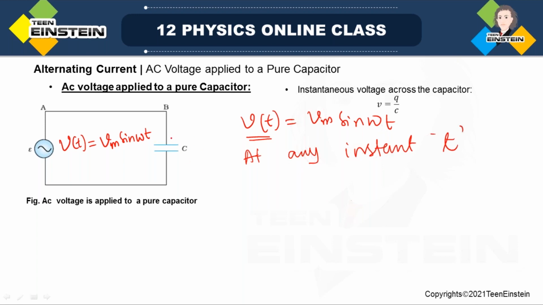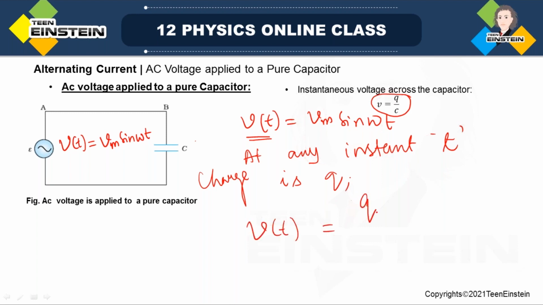Let us say at any instant t, the charge accumulated in this capacitor is Q. If the charge is Q, then there will obviously be some voltage developed across this capacitor.